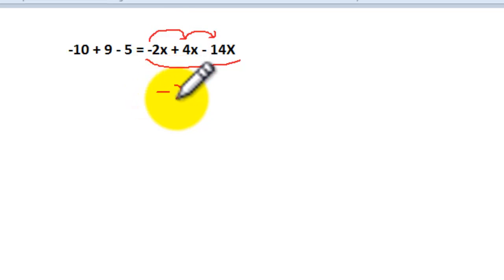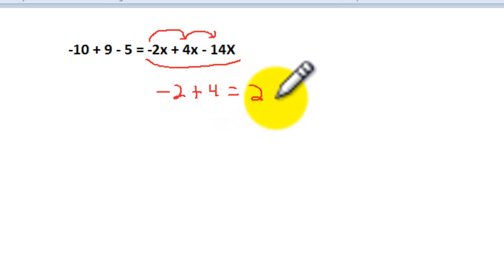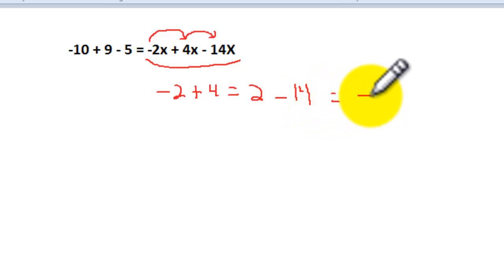So let's do that. Minus 2 plus 4 equals 2. And then minus 14 equals minus 12. So I just worked with each of those coefficients.